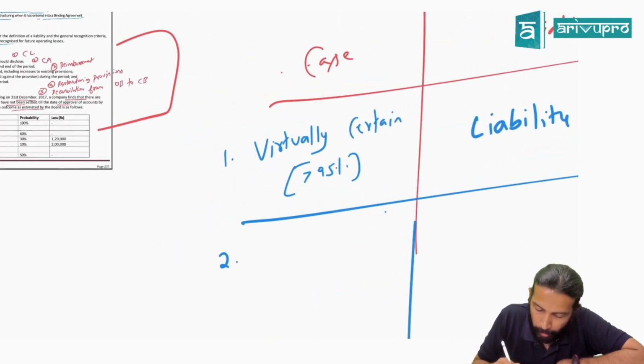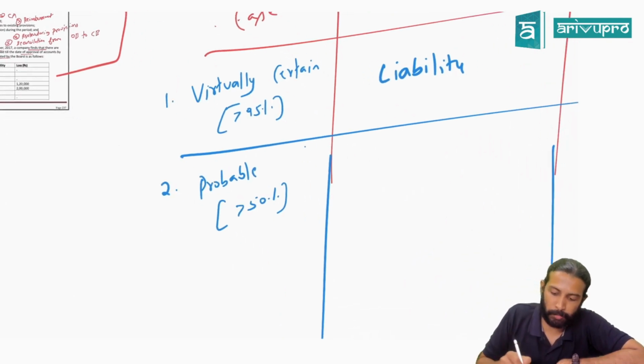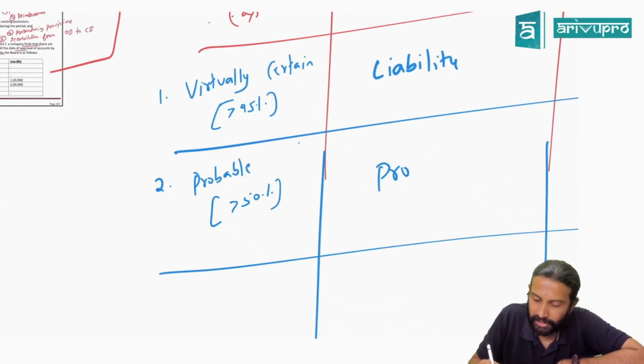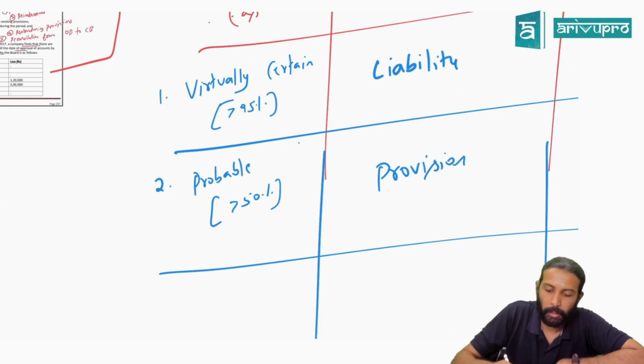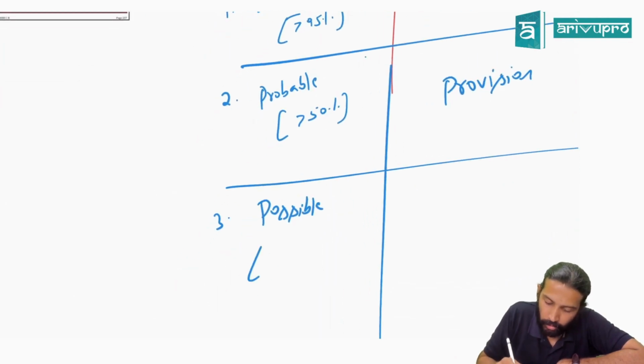If it is probable, probable means more than 50%. If it is probable, then on the liability side, you book what? Provision. Next, if it is possible, possible means 5 to 50%. This is not there in your study material.